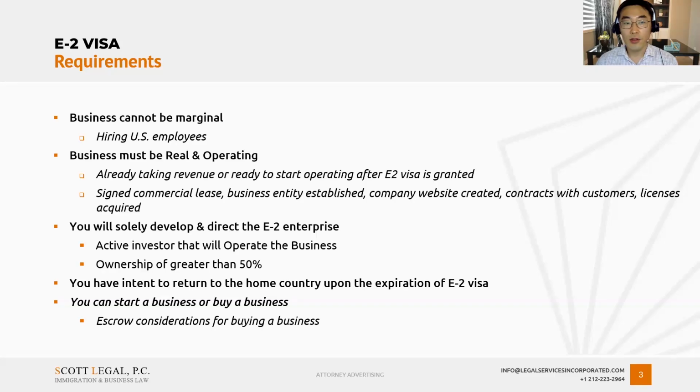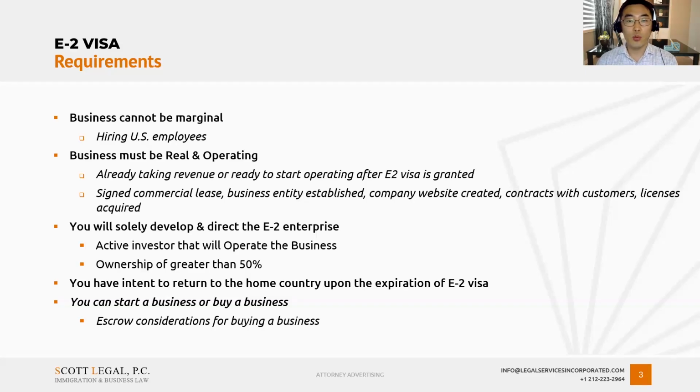Next slide. The next requirement: business cannot be marginal. This is the whole point of why the U.S. government is giving out the E2 visa to foreign nationals. An E2 business is supposed to create jobs and contribute to the local economy in the United States.